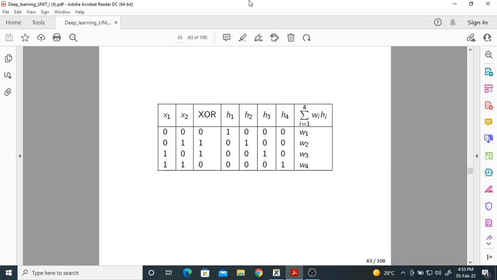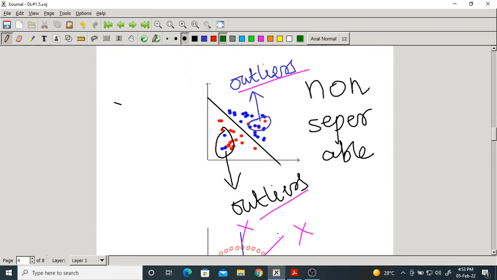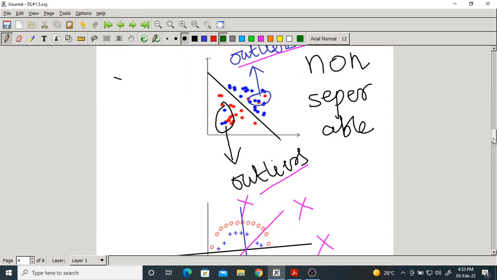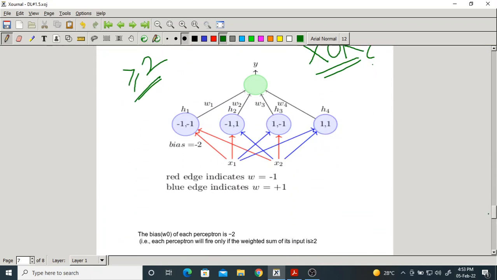So this is the XOR output. 0 0 means -1 -1, something like that. If it is 0 0, the output is 0. Let us go back to this. -1 -1 means 0 0.